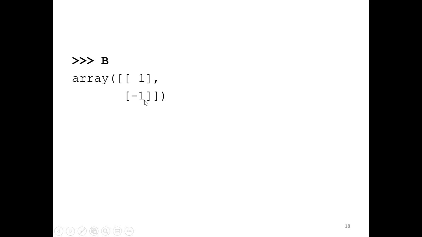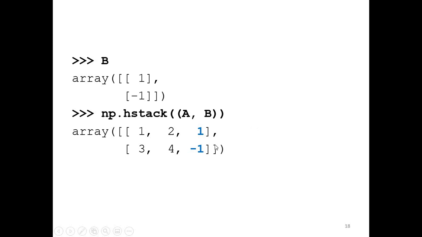Similarly, if you have B like this, B is now like a column matrix. It is basically 2 rows, 1 column. If you do vstack here, it would give you some error. But now if you write np.hstack A comma B, you see what it does. In the horizontal direction, it stacks.